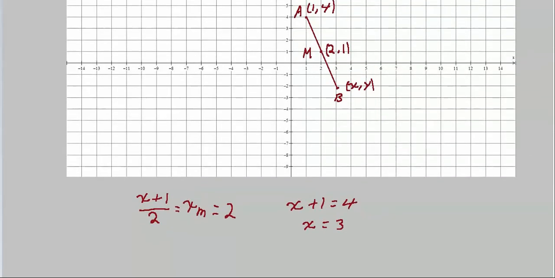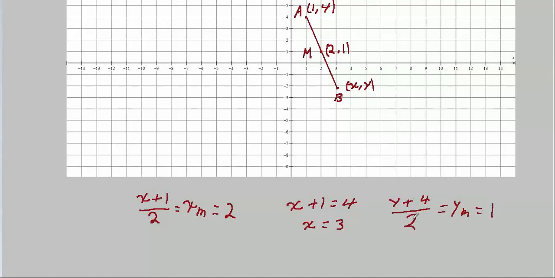We'll say y plus 4 over 2 is our y-coordinate for the midpoint, which in this case is equal to 1.